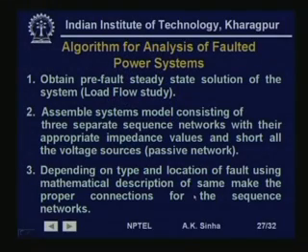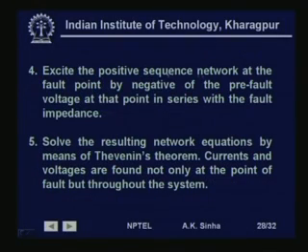So, make the proper connections for the sequence networks, then excite the positive sequence network at the fault point by the negative of the pre-fault voltage at that point in series with the fault impedance. This is what Thevenin's theorem says: we have reduced the passive network by shorting all the voltage sources and replacing them by their appropriate impedances.